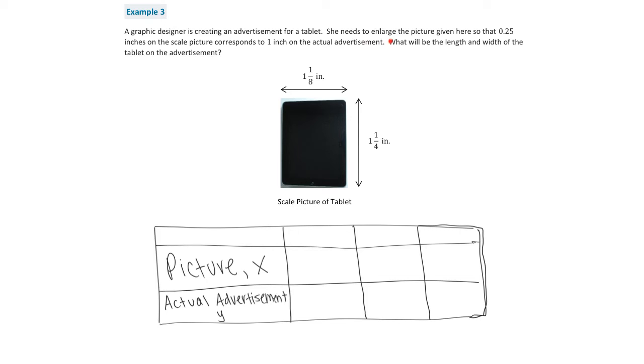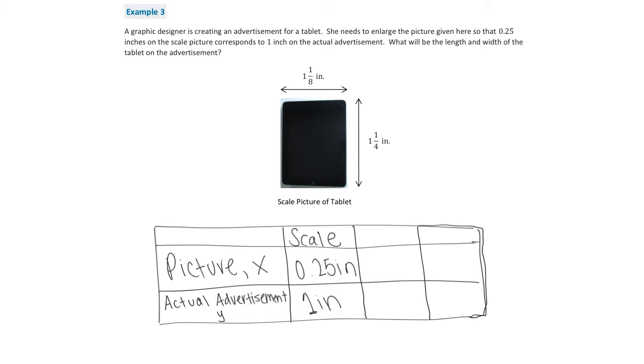It says she needs to enlarge the picture given here so that 0.25 inches on the scale picture corresponds to 1 inch on the actual advertisement. So here for our scale, our picture is 0.25 inches and the actual advertisement is 1 inch.